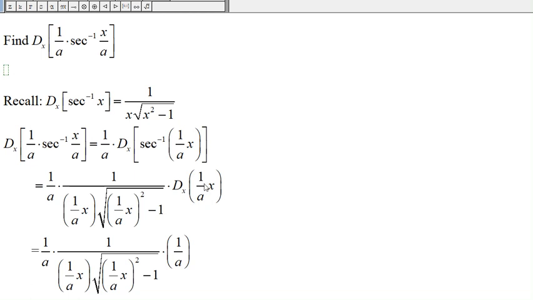So once again, to get the derivative of secant inverse of 1 over a times x, in the place of x we just have to put 1 over a times x, and then multiply by the derivative of 1 over a times x.